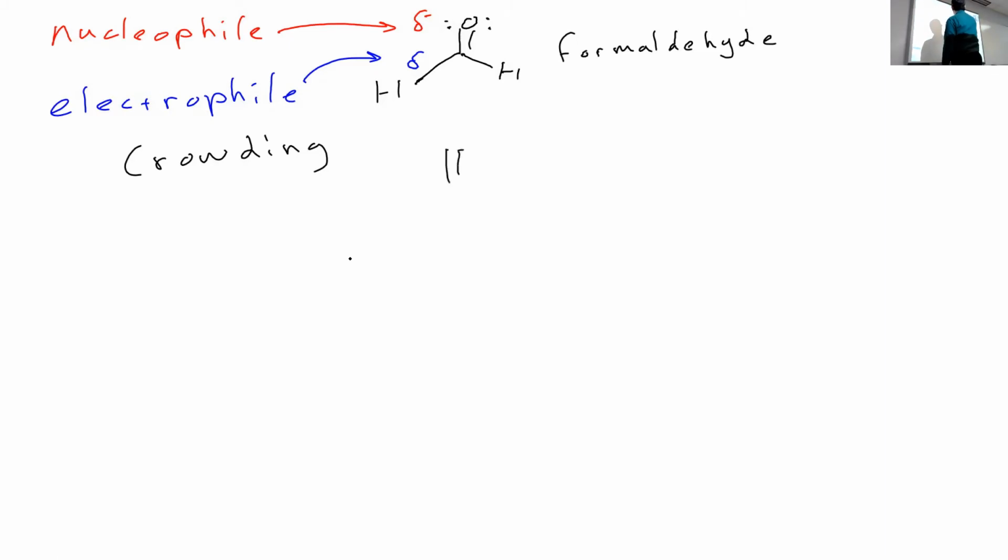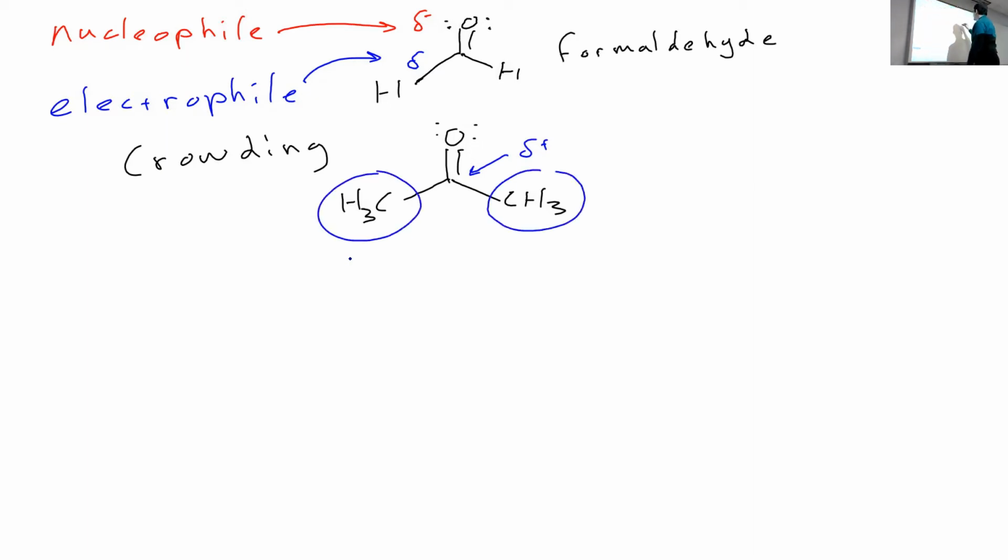If we compare our formaldehyde to a ketone, with a ketone we have these methyl groups here on either side of that electrophilic carbon that we're trying to attack. Right, so here's our attack site here, our electrophilic carbon, and these methyl groups on either side can slow down the attack.